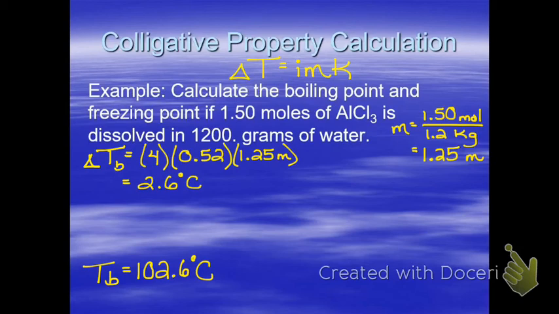All right, let's do the same thing for the freezing point depression. The number of particles will be the same. Now the constant will not. Look in your chart. The freezing point constant is 1.86. The molality is still 1.25.